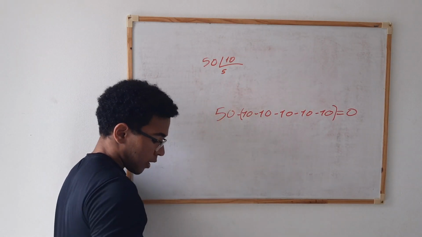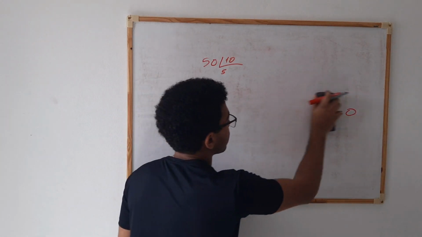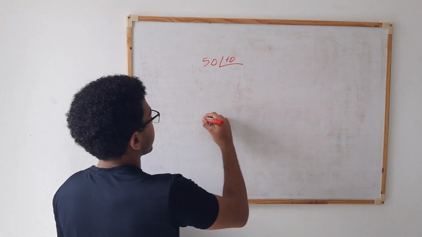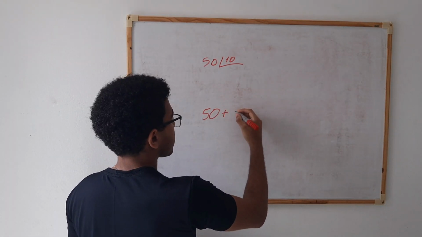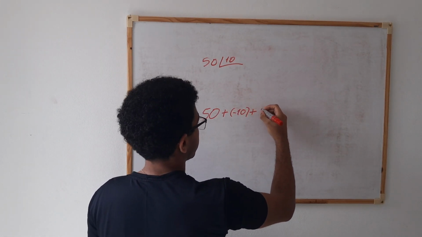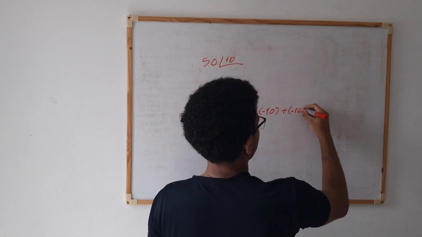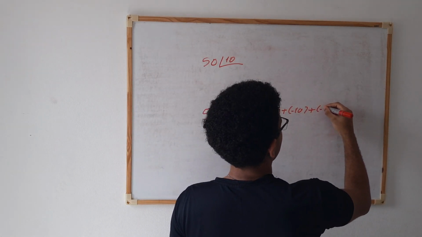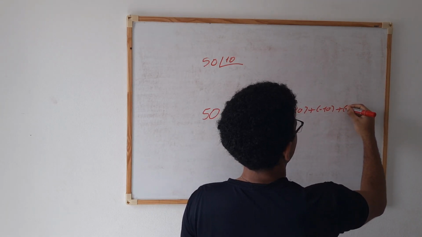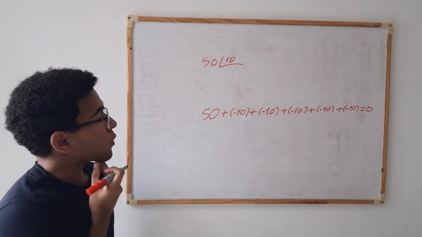Okay? Now, through addition, what we could observe is that this also means that I can have 50 plus minus 10 plus minus 10 plus minus 10 plus minus 10 plus minus 10, which would also be equal to 0.